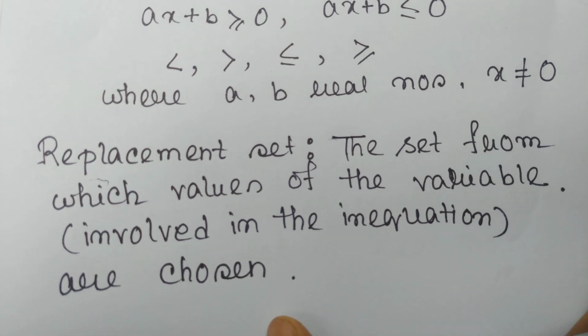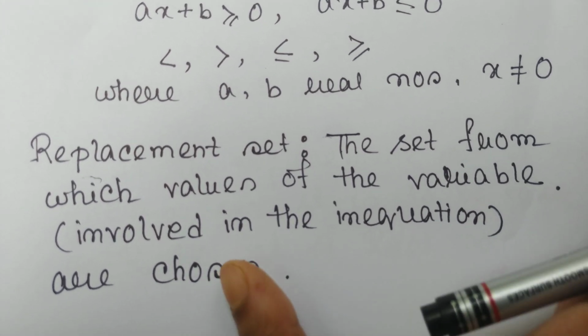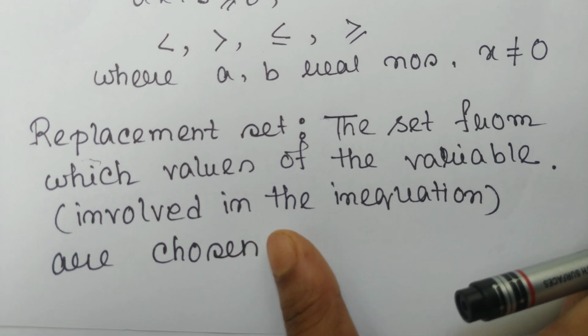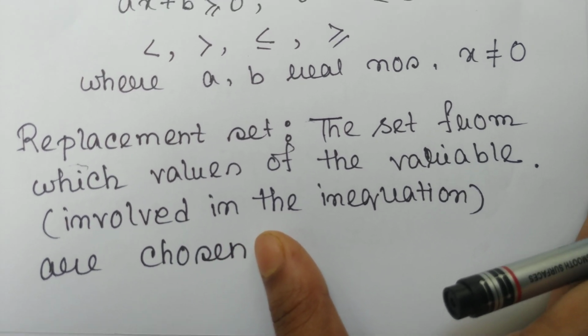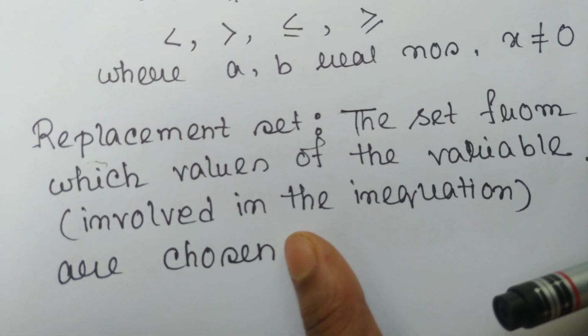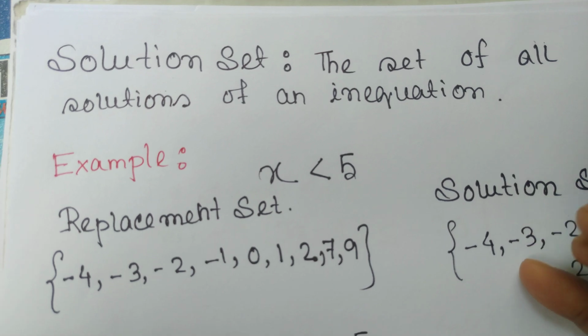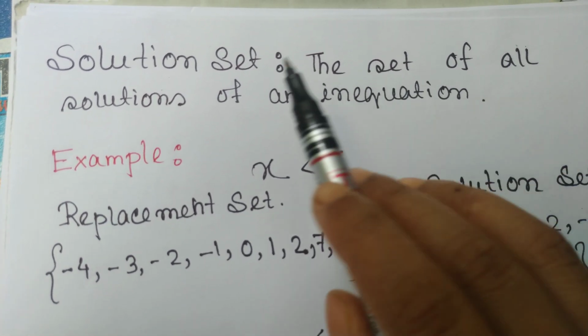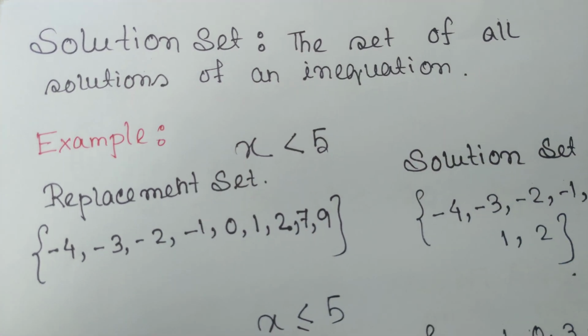Now just learn the definition. Replacement set is the set from which values of the variable involved in the equation are chosen. Now what is the solution set? The set of all solutions of an equation is the solution set.